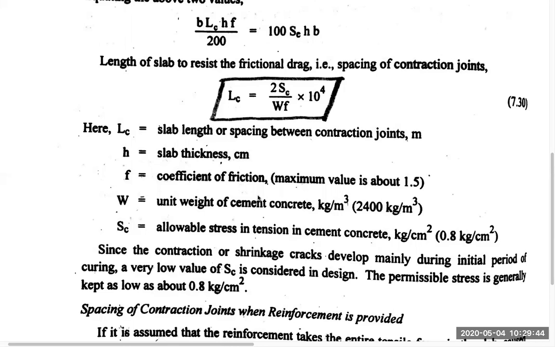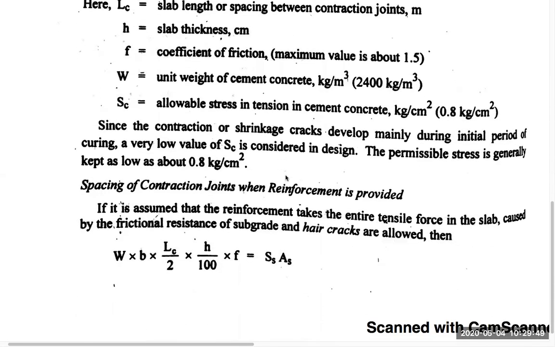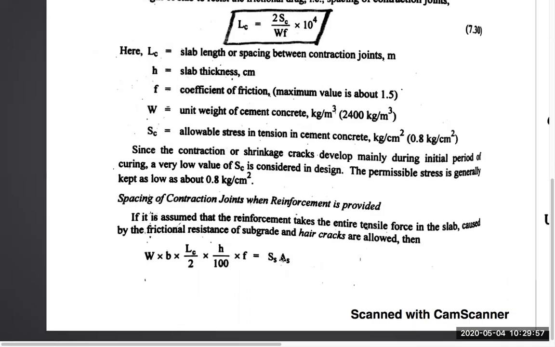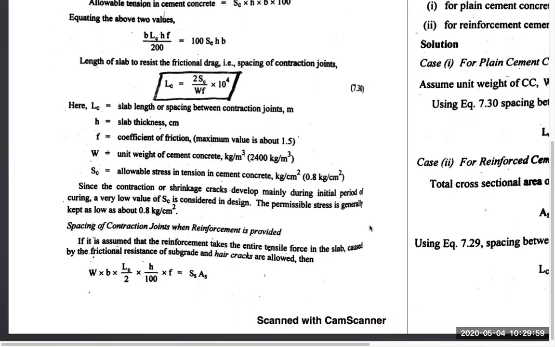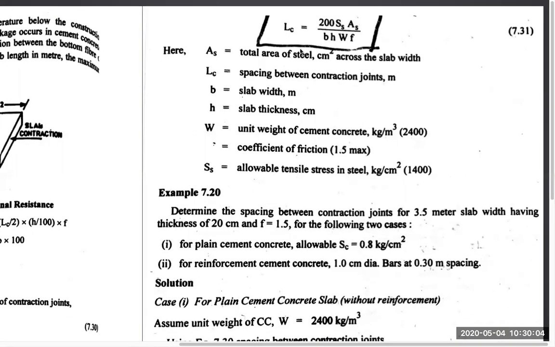Okay. So suppose there is reinforcement given for the cement concrete or contraction joint, then we take the area of the steel also. We'll just see what change we have in this. Considering area of steel, then allowable tensile stress in the steel, these two parameters will come, other than the self weight of the concrete, the frictional coefficient, the thickness, and the slab width.